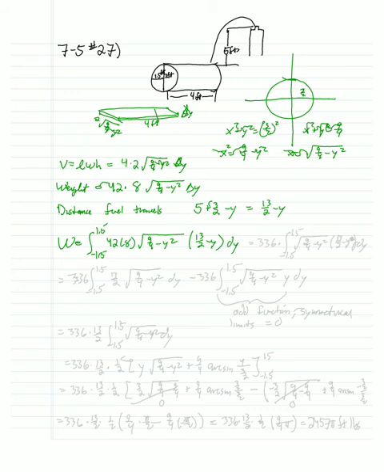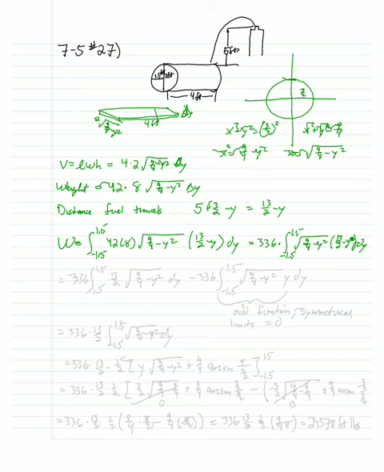So if I start doing some multiplication, 42 times 8 is 336. Now I'm just going to write it like this: 336 times the integral from negative 1.5 to 1.5 of the square root of 9/4 minus y squared times 13 halves minus y, excuse me, dy.